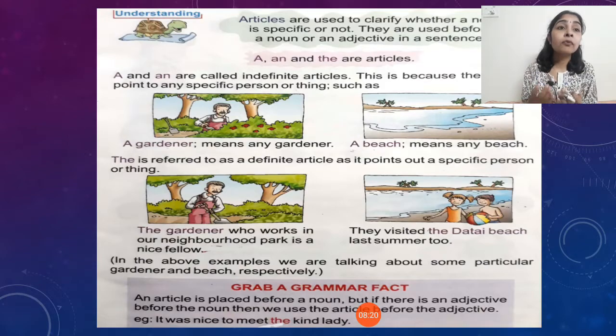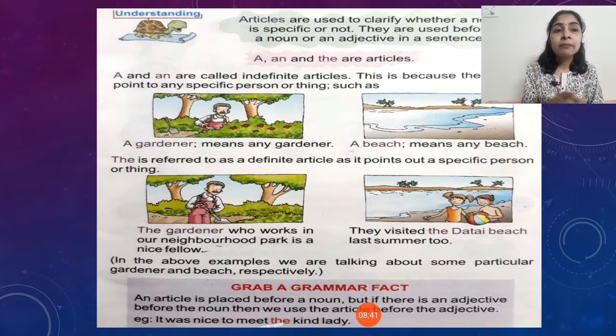The ostrich was huge. Okay, it was big in size. When I am talking about the same ostrich again, I am using the for it, because now it has become definite. I am talking about the same ostrich. So when the thing is definite or specific, we use the for it.